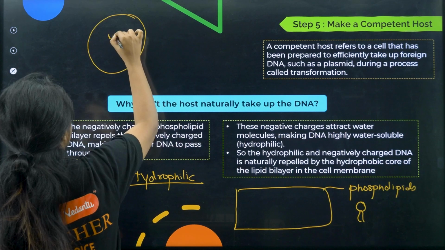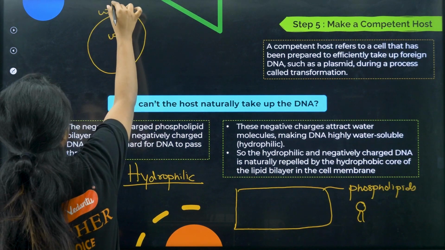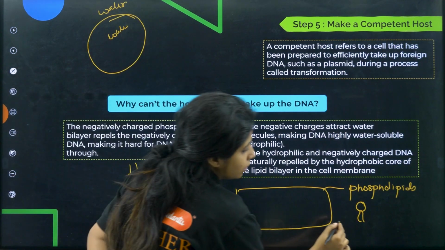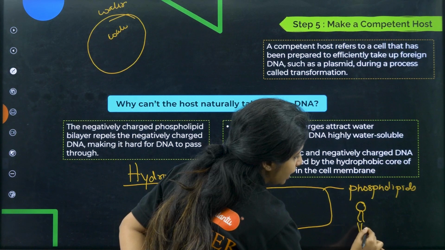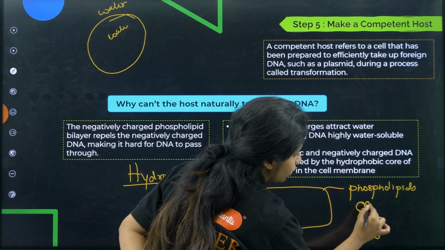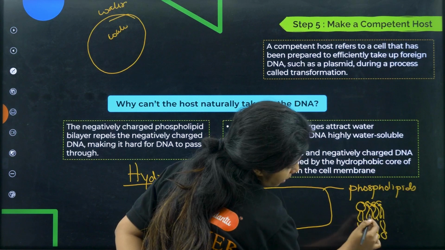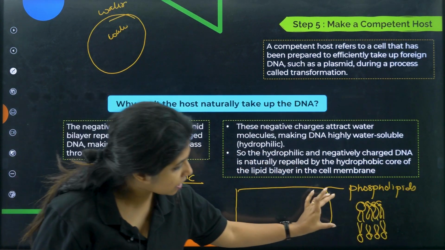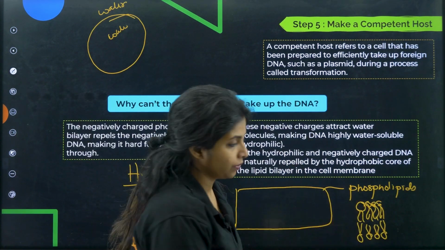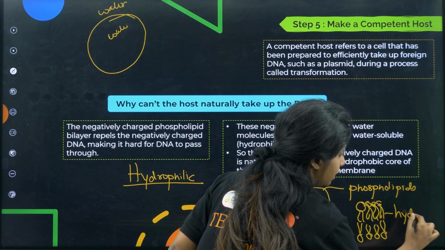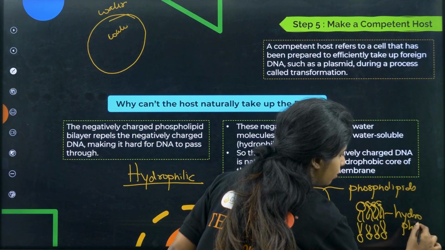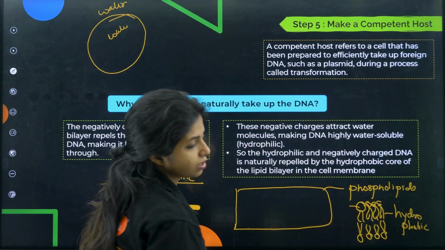There will be water content inside and outside, so I have to hide the tail region. So I make an inverted layer like this. The tail region is inside, so the core region is hydrophobic. It hates water, and the part that loves water stays outside.